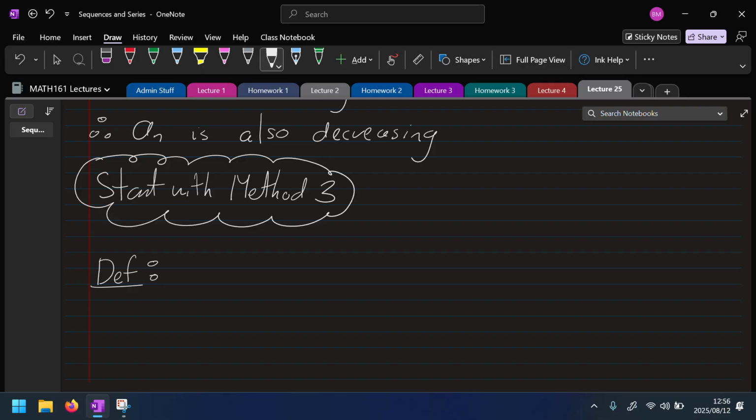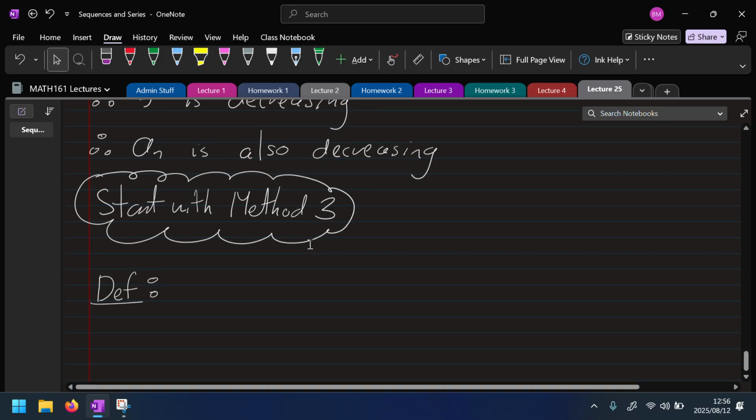Okay, then on Thursday, we'll combine it. We're going to go through the definitions for the sequence being bounded, and then the monotone convergence theorem will then combine the two. Okay, so please make sure you understand both parts.